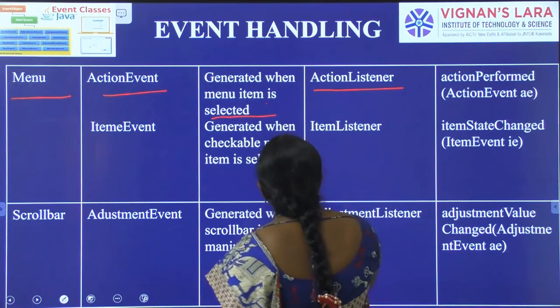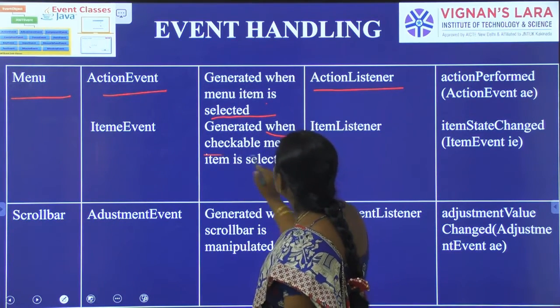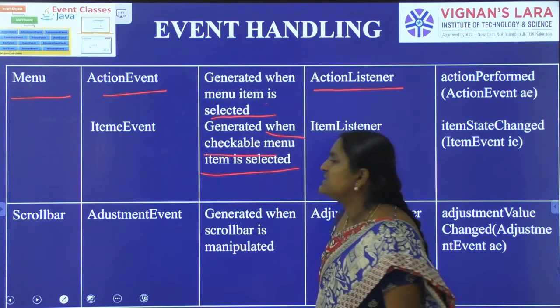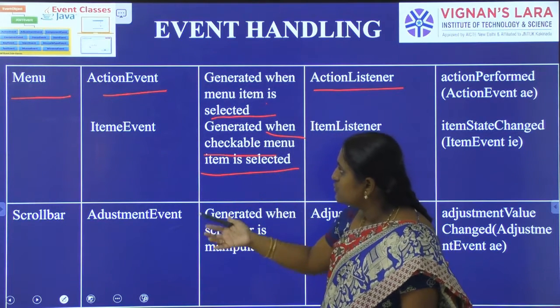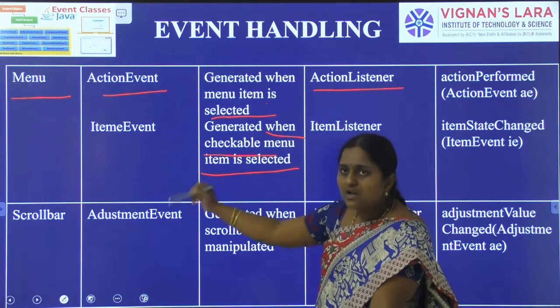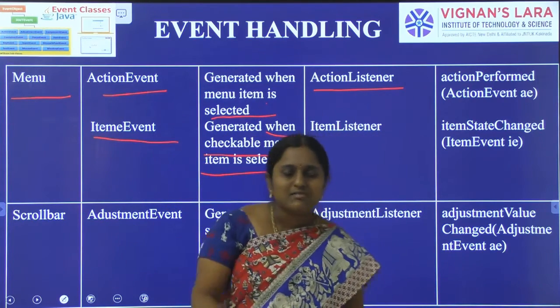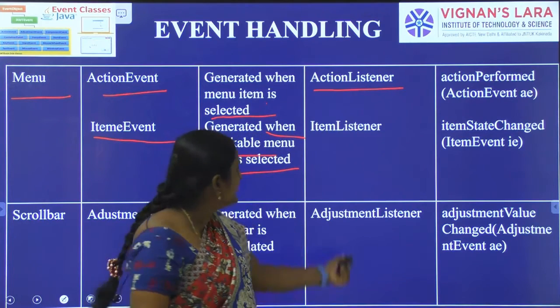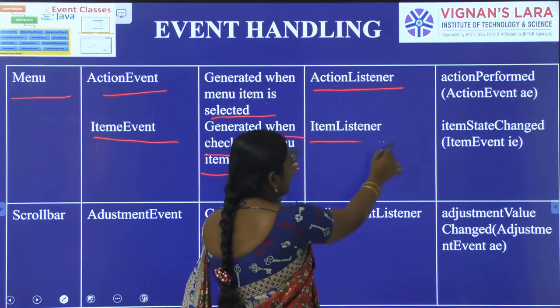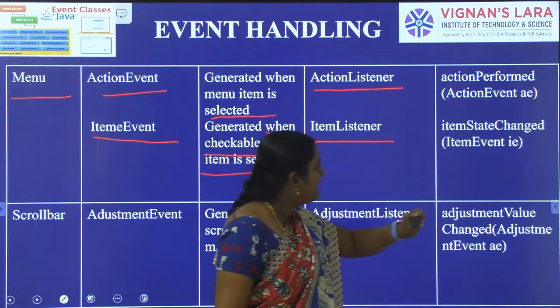So next one, when a checkable menu item is selected, which event could be generated? An ItemEvent is generated. When the event is generated, the corresponding listener interface will handle it. Here the ItemListener interface will handle the events.